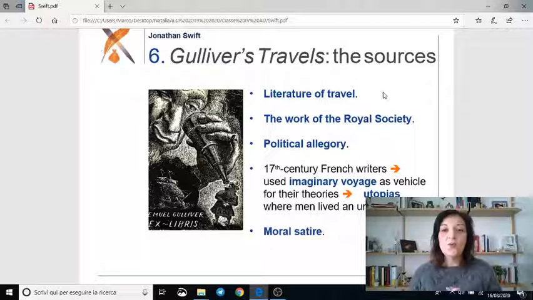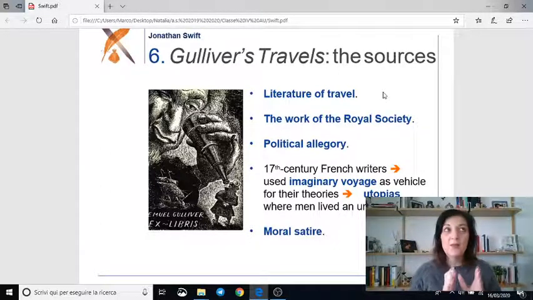Then he also used something that was used by most French writers during the 17th century: the technique of using an imaginary voyage as a vehicle to express their theories.